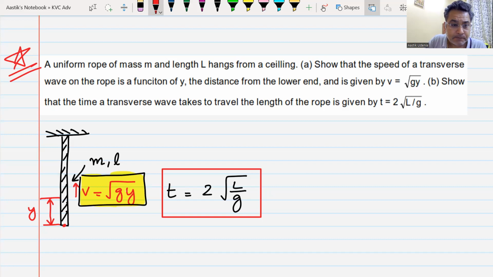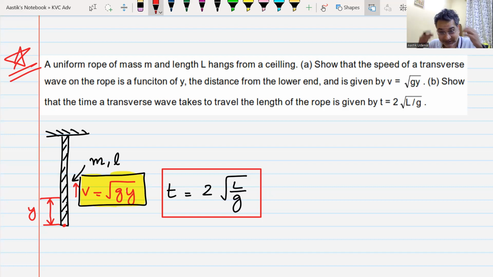Wave is a vibrating particle. Sir, wave is disturbing the particles of the medium. Main function is that.